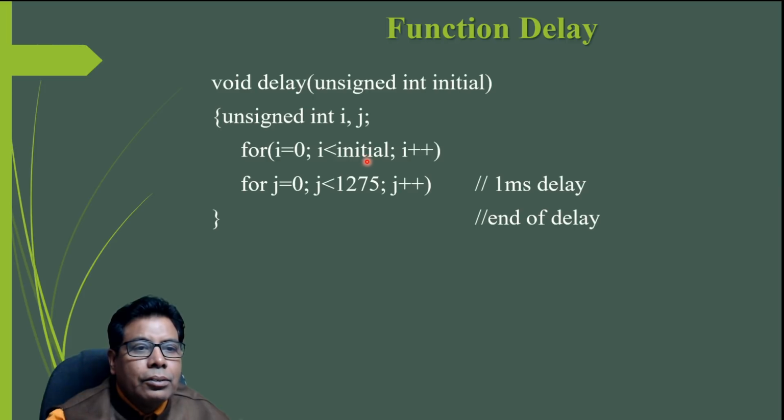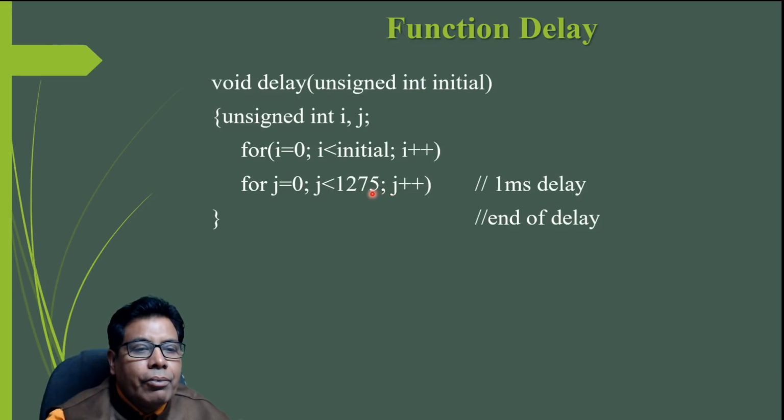Now the second delay, which is generated by the j for loop: for j is equal to 0, j less than 1275, j plus plus. This for loop is going to give us a delay of 1 millisecond.